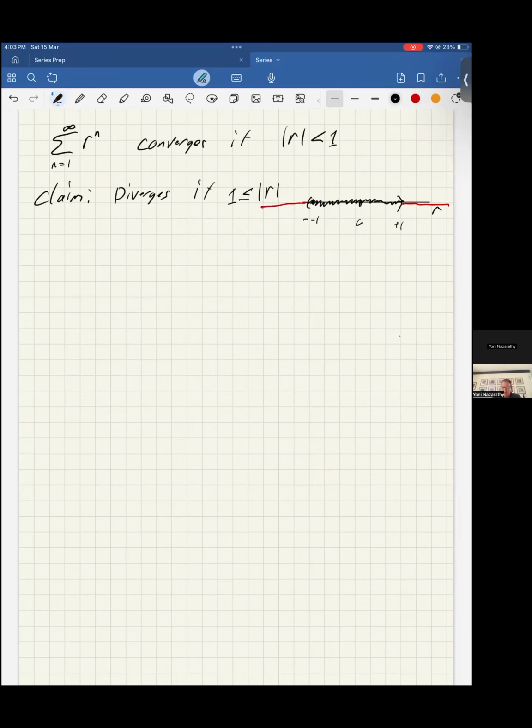This is called the radius of convergence. We're not going to do power series in this unit; you might have it later in the course. The geometric series plays a key role there, and in series in general. The radius of convergence, when you look at it as a parameter in terms of r, is 1. So it converges between minus 1 and plus 1.